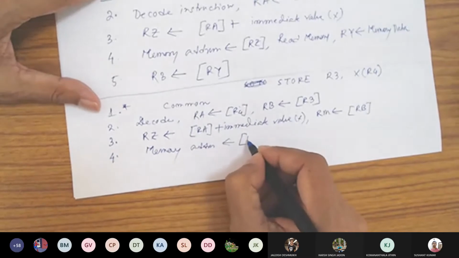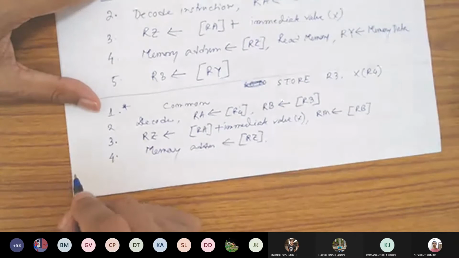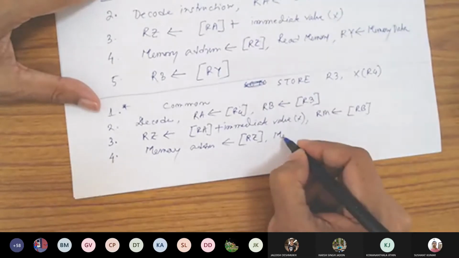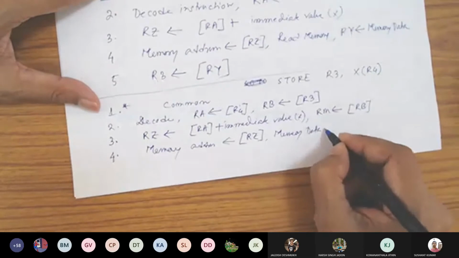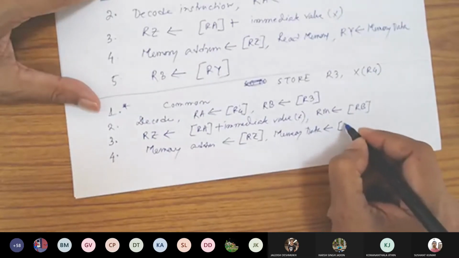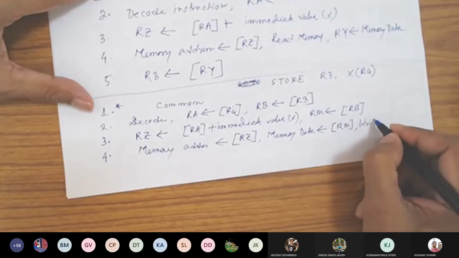Memory address equals to, first you need to give the value. This is address, then memory data equals to RM, then write memory.